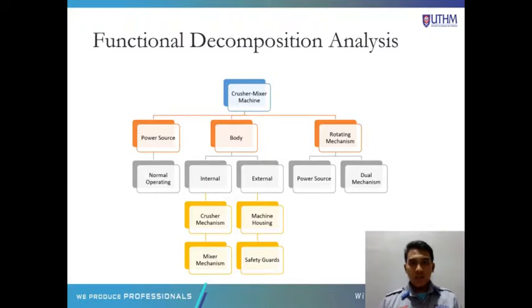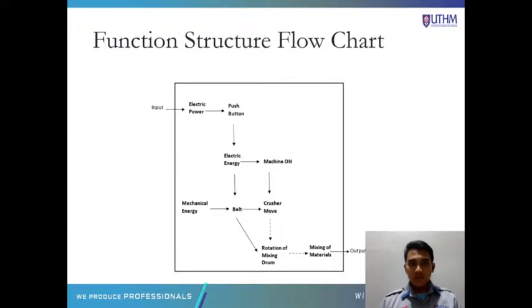It consists of 3 components, which are power source, body, and rotating mechanism, and the other sub-components. Functional decomposition is the product of the function structure diagram. It is a block diagram describing the flow of energy, material, and signal as labeled arrows taking part between function blocks. As we can see from the slide, we will see the function structure flow chart.